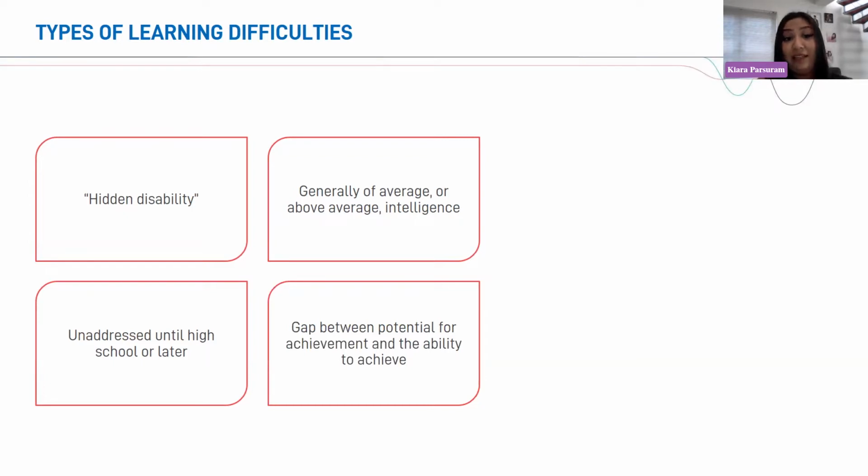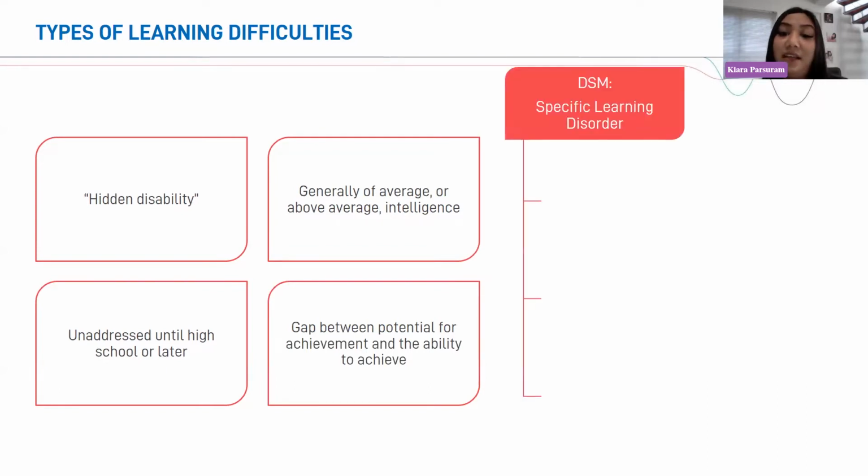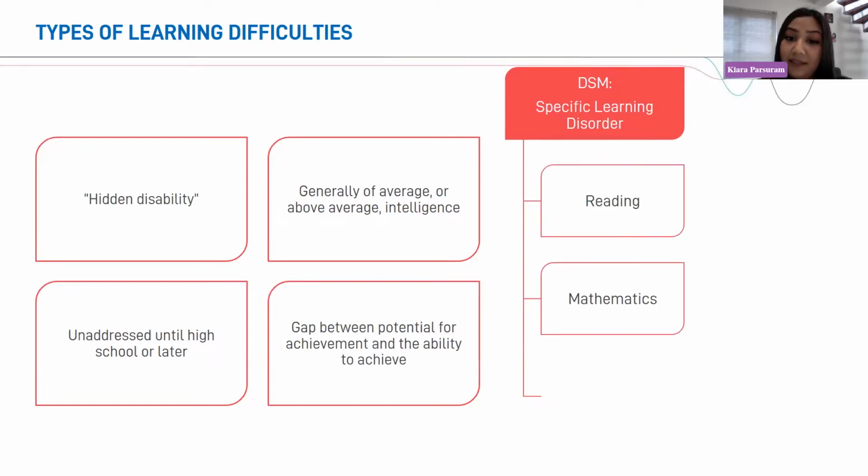When looking at the Diagnostic and Statistical Manual, which we all know as the DSM, it classifies learning difficulties under specific learning disorders. These difficulties are marked by impairment in reading, mathematics, as well as written expression.